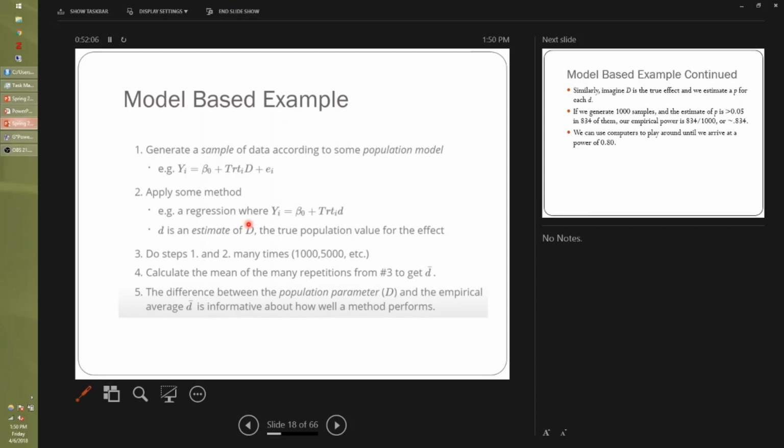And so we get this regression. We get an estimate of the mean and an estimate of the treatment effect. And so little d is an estimate of big D, this true population value.